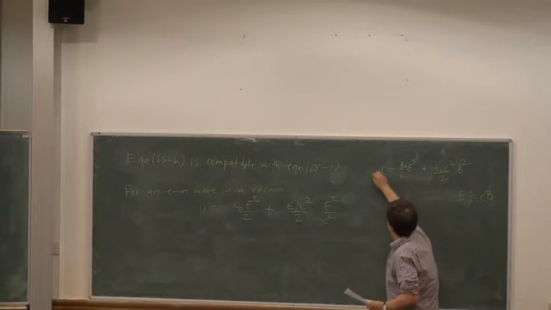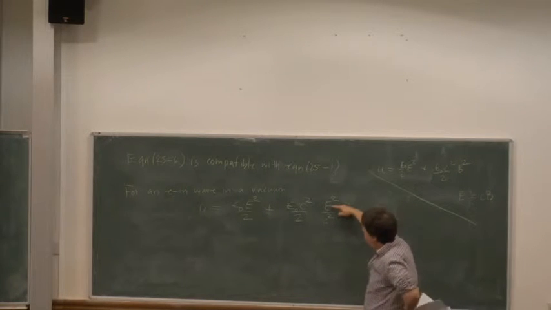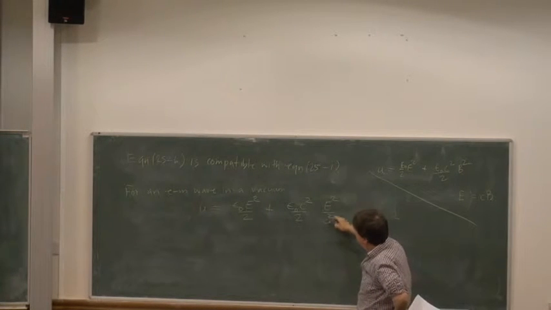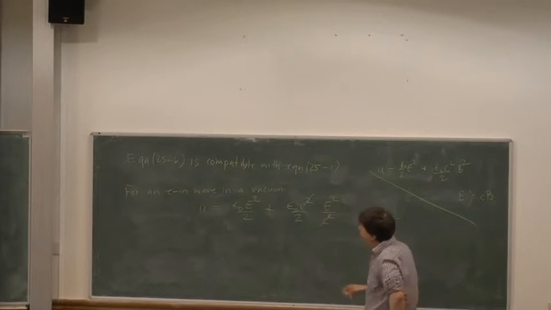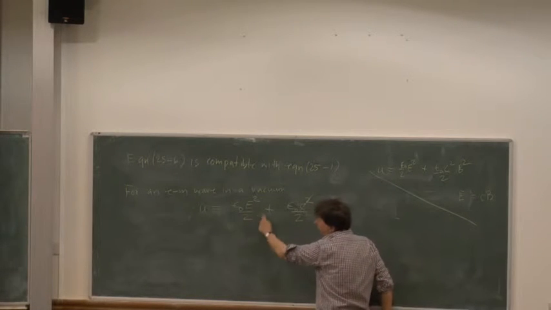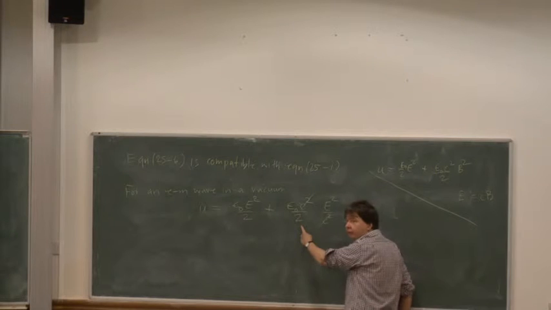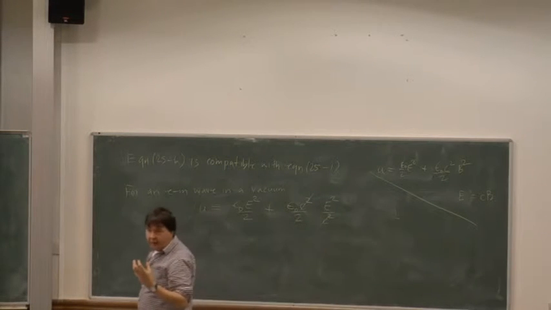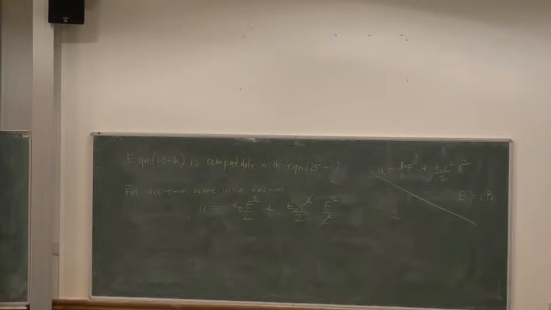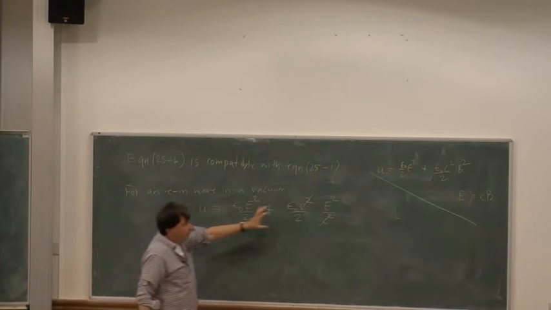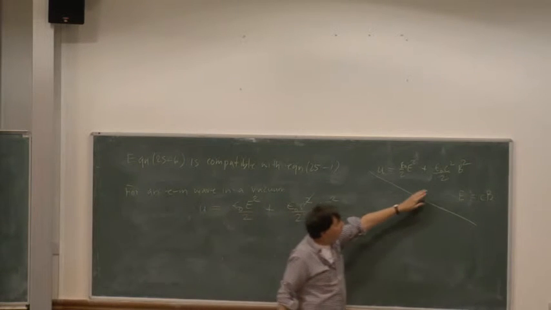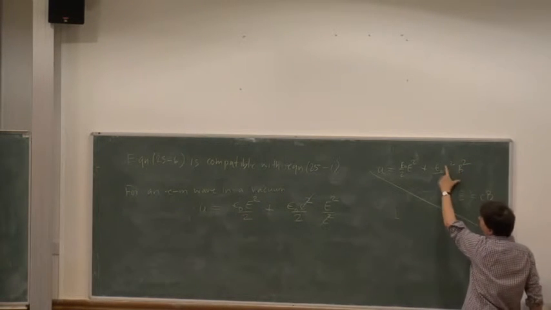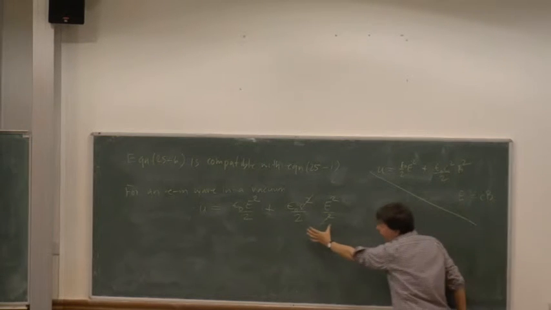So B squared becomes E squared over c squared, and it's a very beautiful formula because the c squareds cancel, and we have epsilon naught E squared over 2 plus epsilon naught E squared over 2. So in an electromagnetic wave, the electric and magnetic fields are carrying identical energy. It's only in this particular case, where E is cB, that we can substitute for B squared, the E squared over c squared, the c squareds cancel, and we're left with these two equal terms.